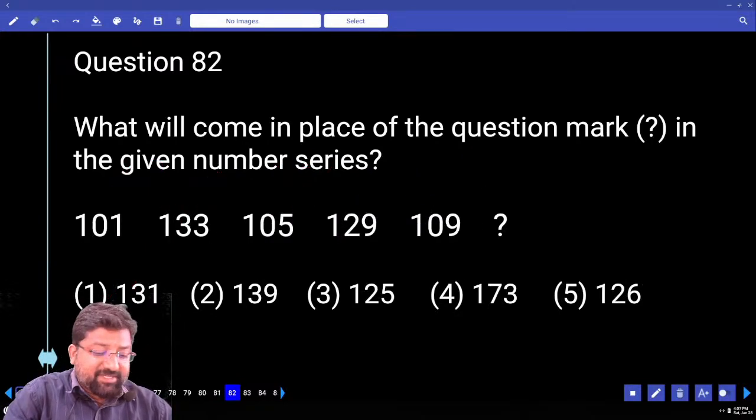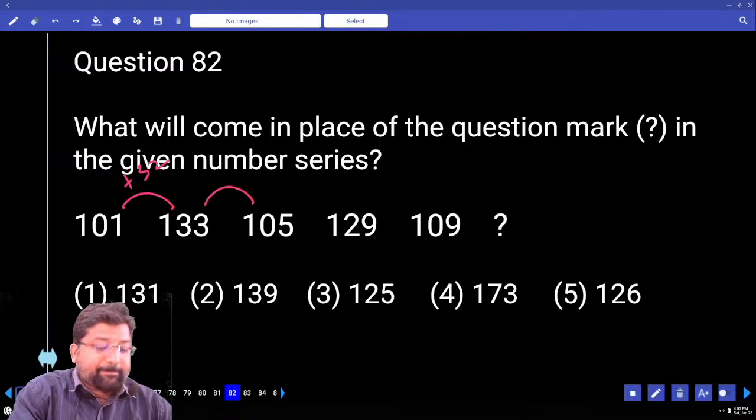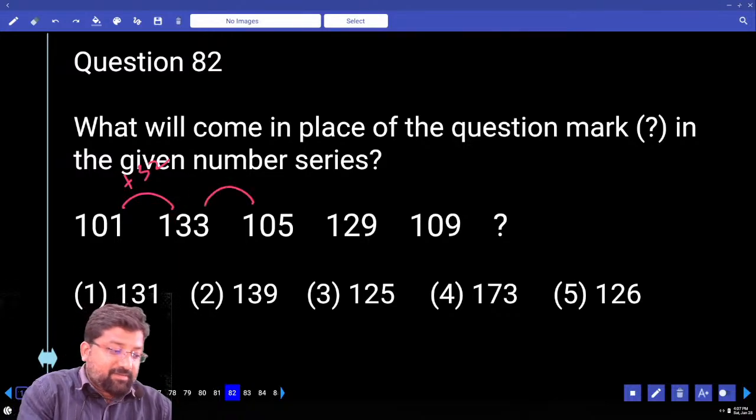Increasing or decreasing? Increasing. And then I see decrease. Plus, minus. Plus, minus. How much is this? Plus 32. Minus 28.